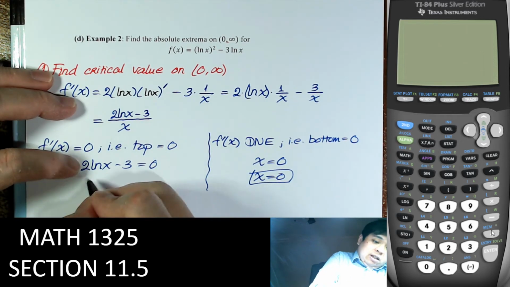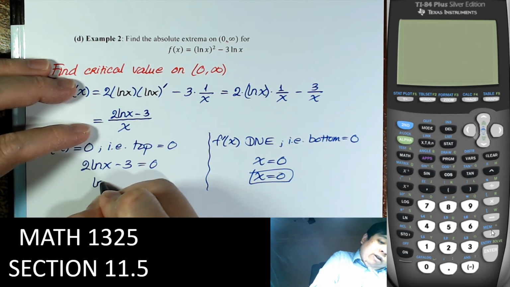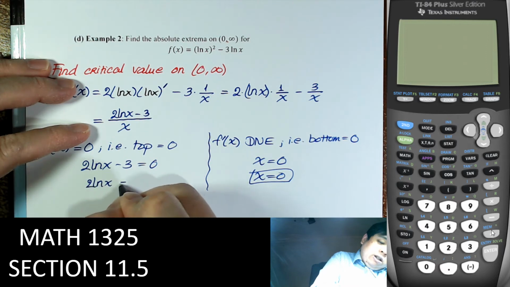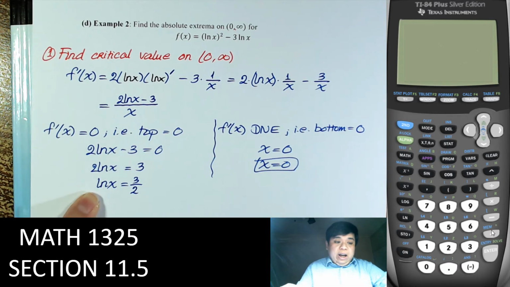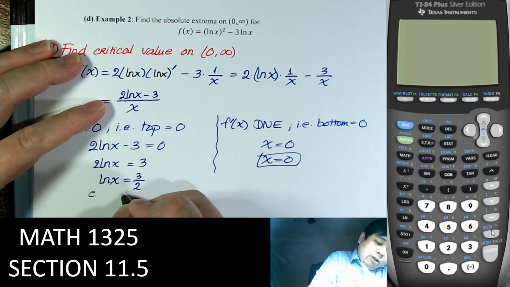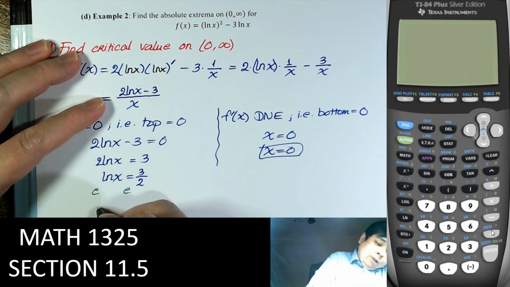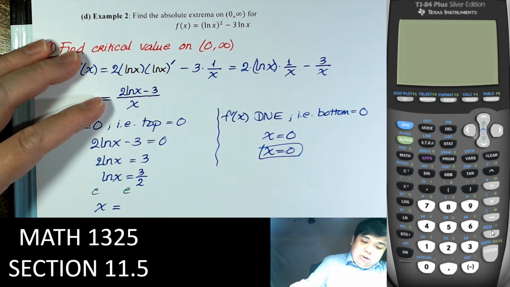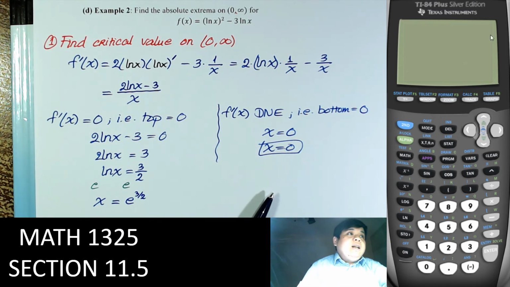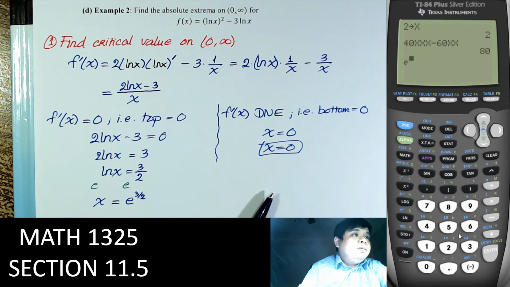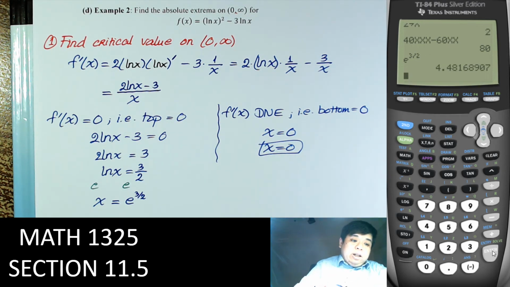Now we solve for x. So for ln of x, plus 3 on both sides, and divide by 2. And to get rid of the ln, we will raise both sides to the e power. So x equal to e to the 3/2. To get the estimate value, 4.48.